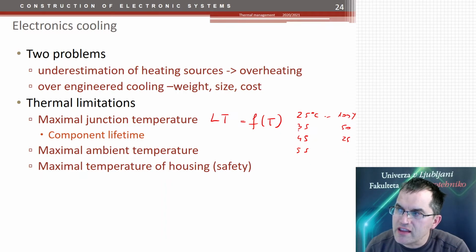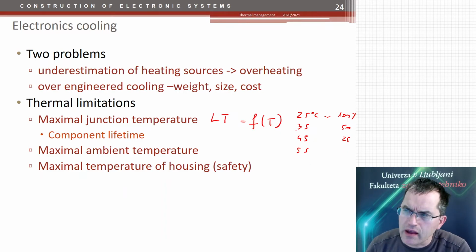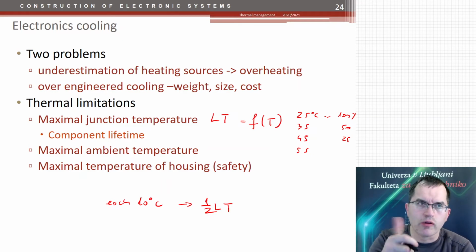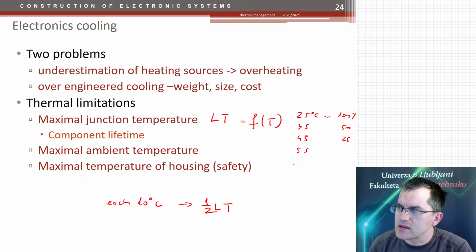For each 10 degrees Celsius, we get 1/2 of the lifetime. That's a rule of thumb. So if I go even further, you will see 25, let's say, 12, 6, 3 years, and at 85, a year and a half.